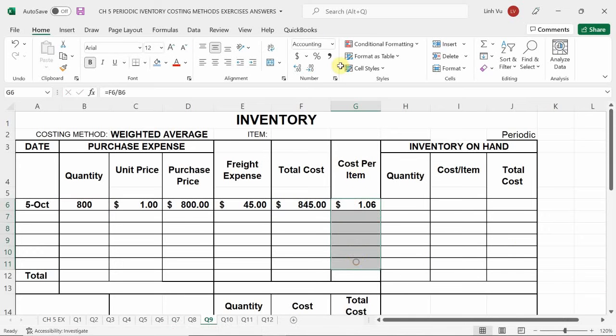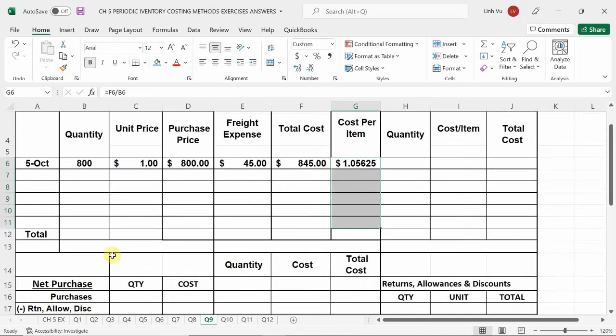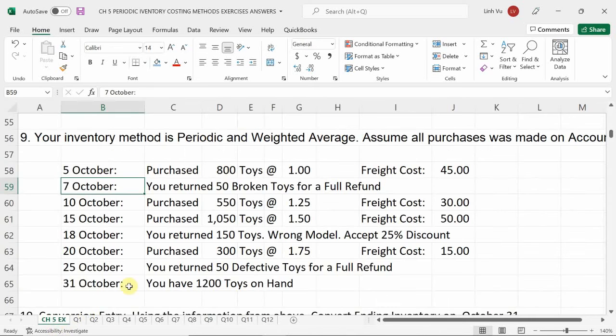If this was the only batch of inventory you are purchasing, then it is very important that you solve for your cost per item, because it'd be that 1.05625. But we're making more purchases of inventory, so this is not the only number you need to be looking at. Let's see what happened next.